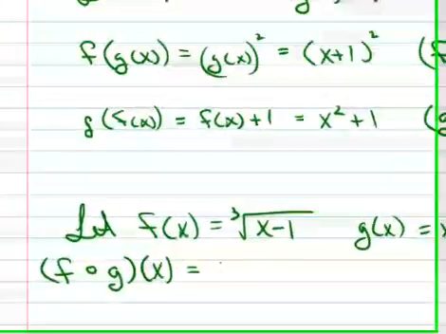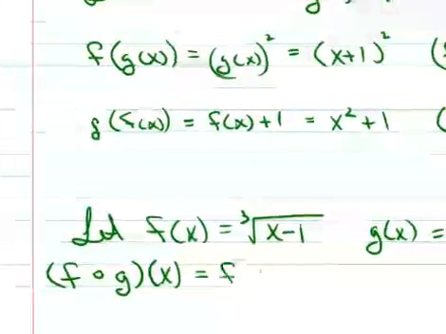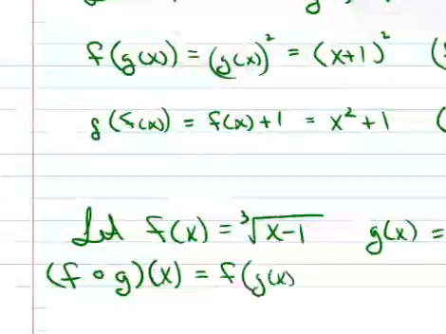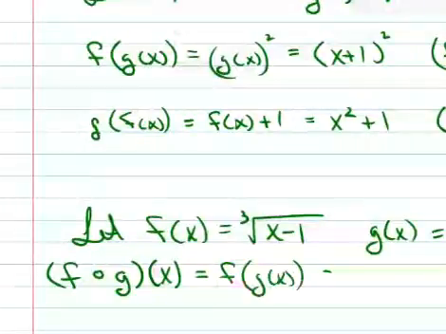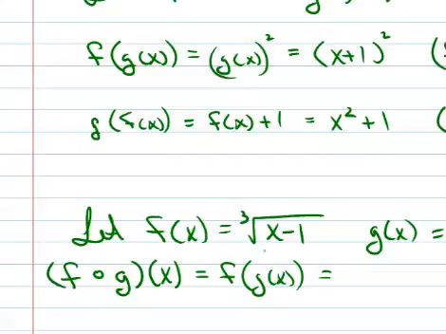Okay. Well, I think what Amelia is trying to say is that f composed with g means that you take the function f of x and you use g of x as your input. F of x is the cube root of x minus 1, Amelia. So f of the fire truck would be the cube root of fire truck minus 1.